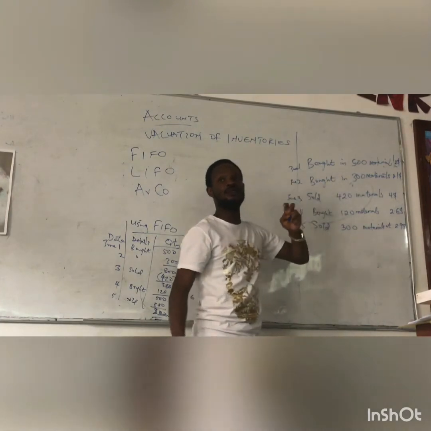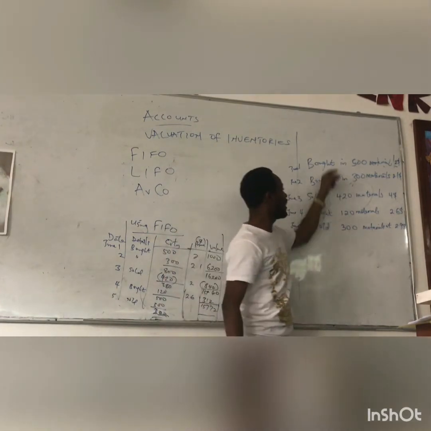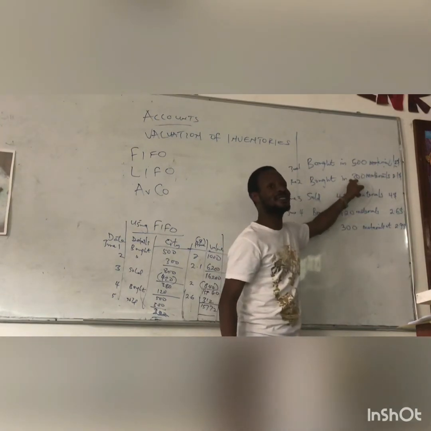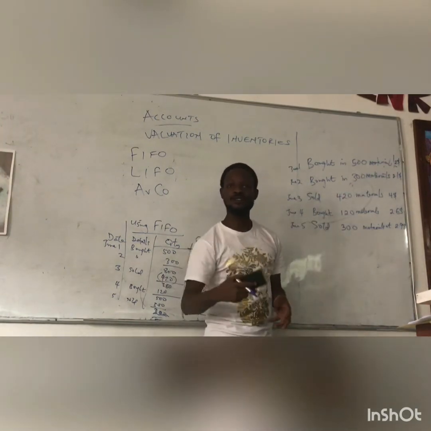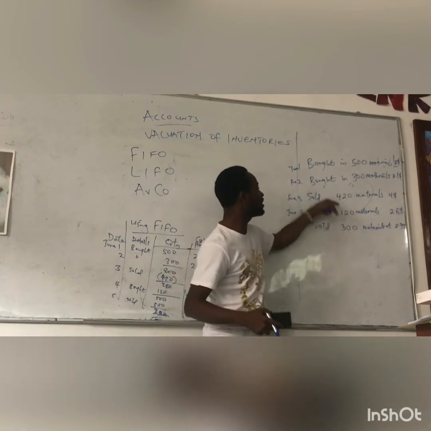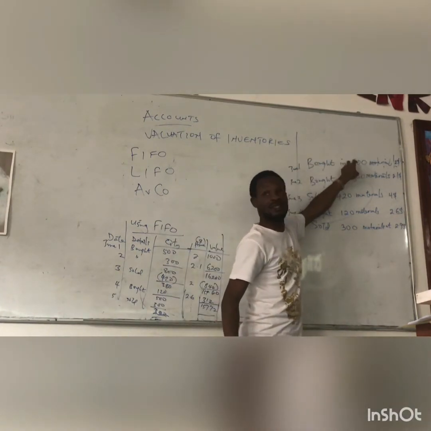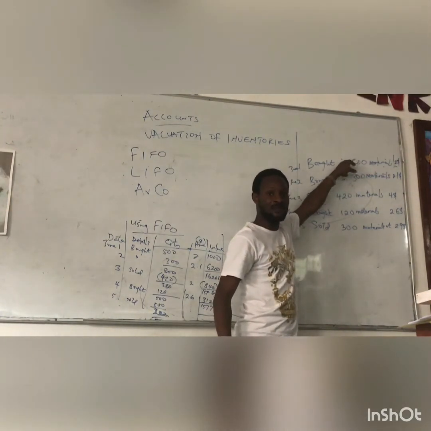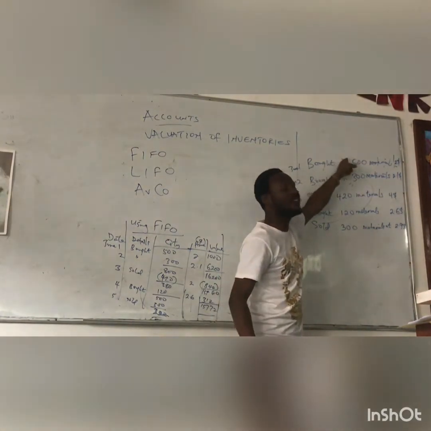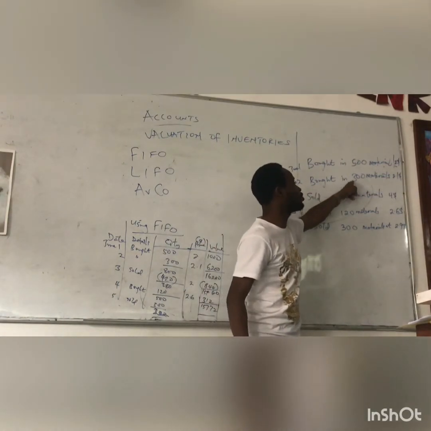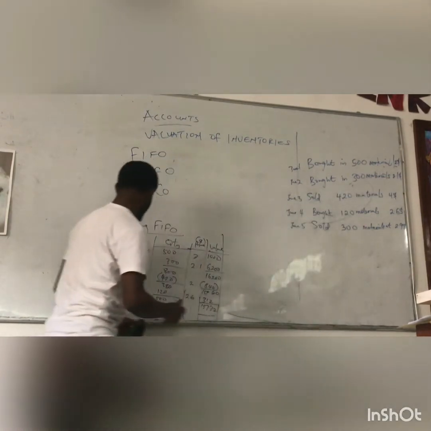That means the value of the 300 sold is 80 at $2 and 220 at $2.1. Remember, 80 are still left here to be sold. So we first sell that 80 at $2, then we'll sell the remaining 220 at $2.1.